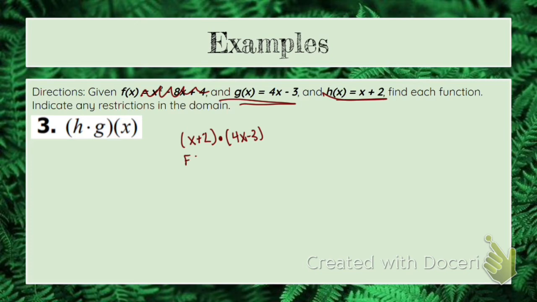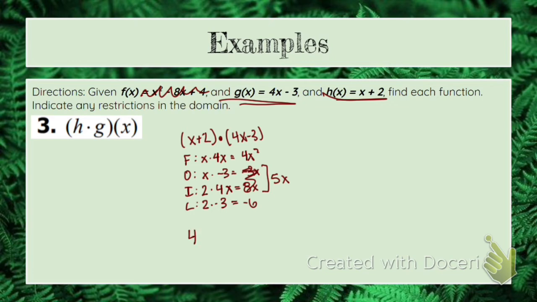So we are going to do the first, outside, inside, and last terms. x times 4x is 4x squared. x times negative 3 is negative 3x. 2 times 4x is 8x. And 2 times negative 3 is negative 6. We are going to combine those two middle terms to get 5x. And so our answer is going to be 4x squared plus 5x minus 6. And since we have no fraction and no radical, our domain is just all real numbers.